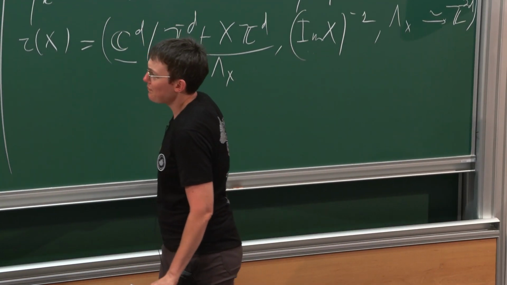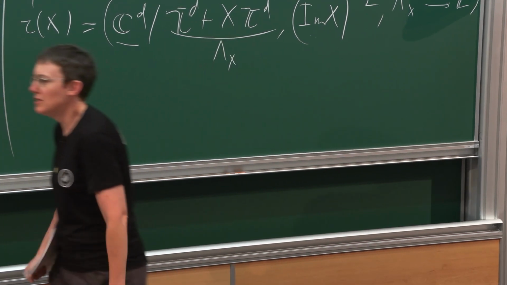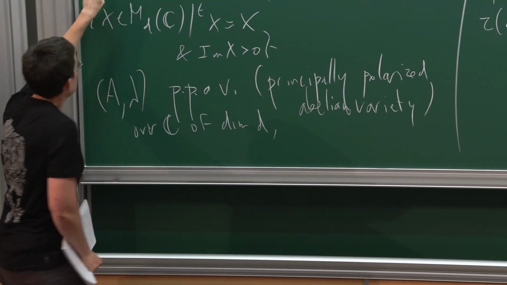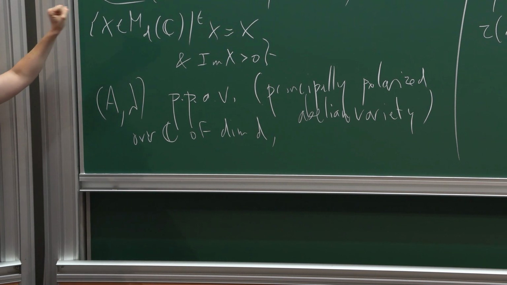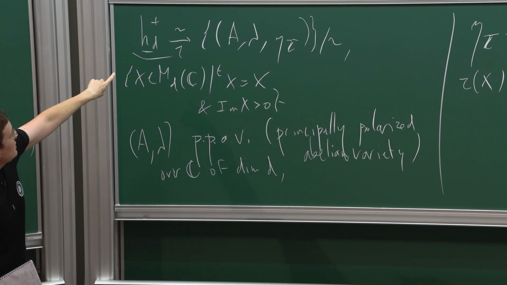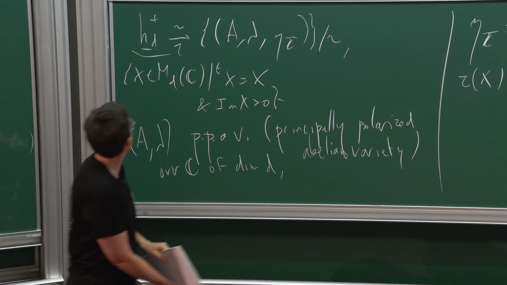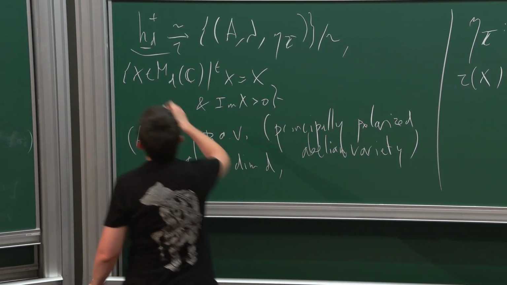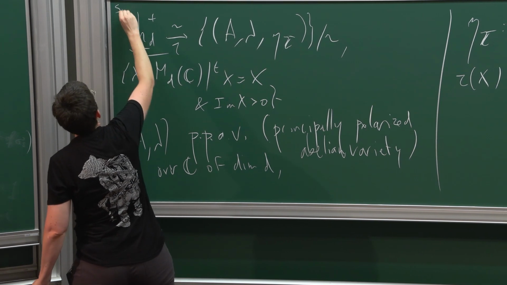Remember, what I'm really trying to understand is quotients of that by arithmetic subgroups of Sp_2d of Z. On here I have this symplectic group acting.